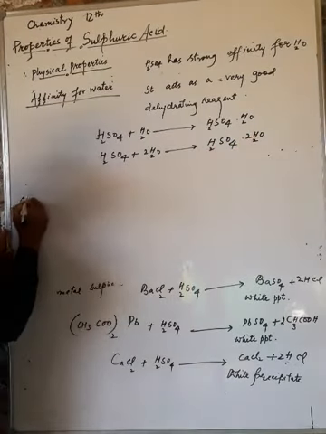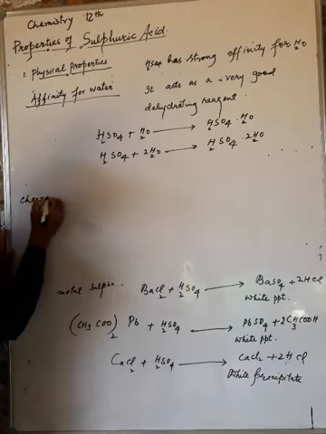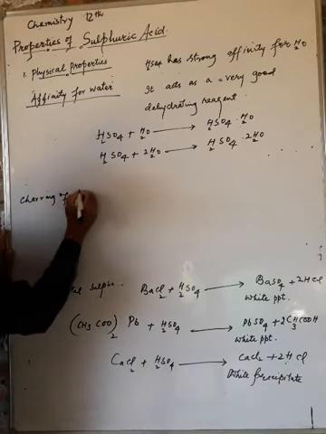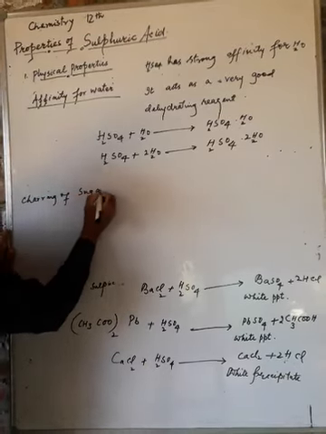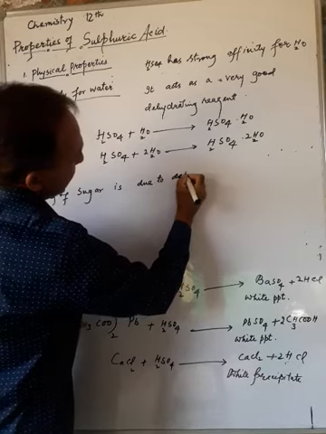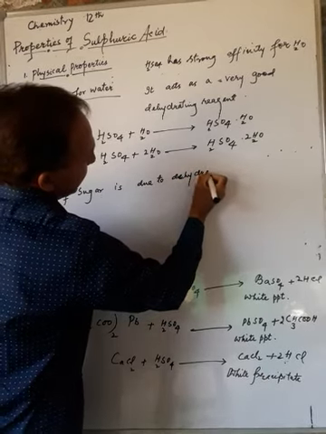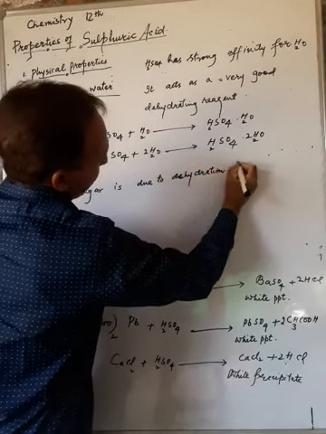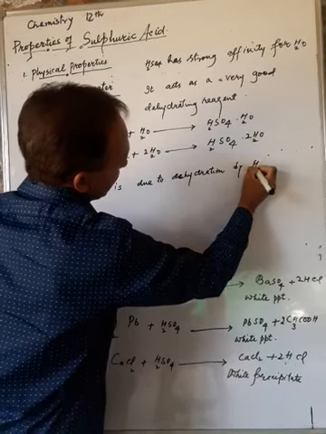Charring of sugar is due to dehydration by H2SO4.